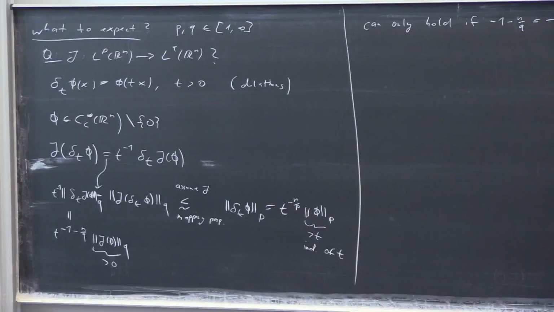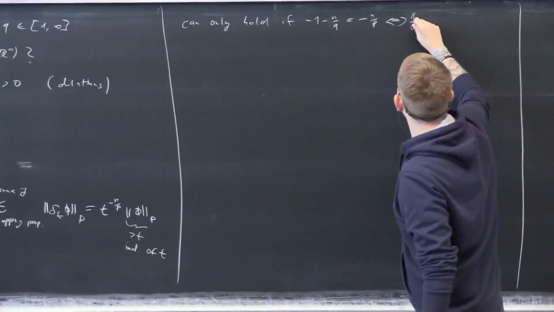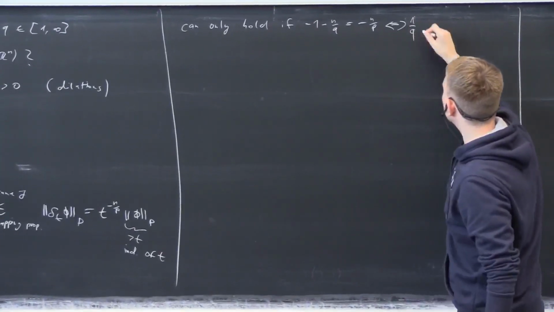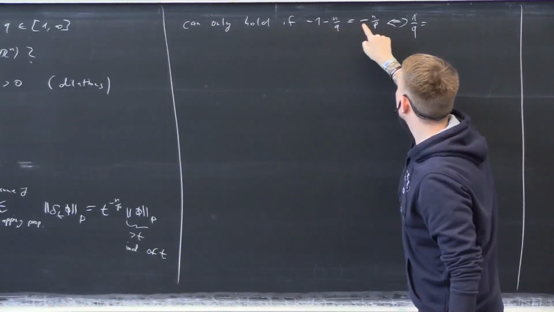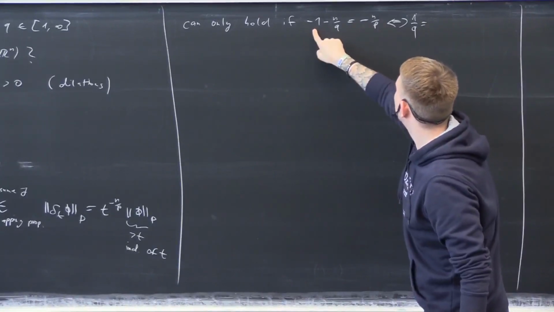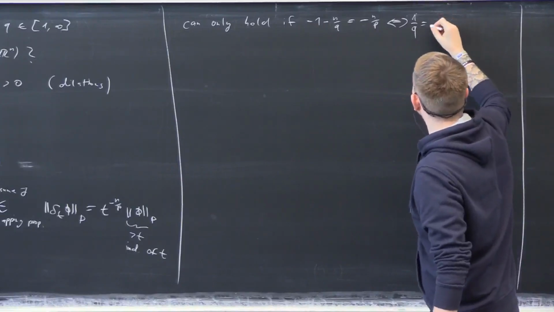Okay, and then we can rewrite a bit. So first we multiply it by minus 1, and then divide it by n. In the end, I want to get some formula for 1 over q. So we do it a bit iteratively.